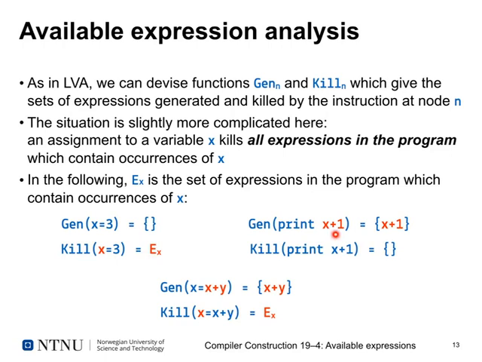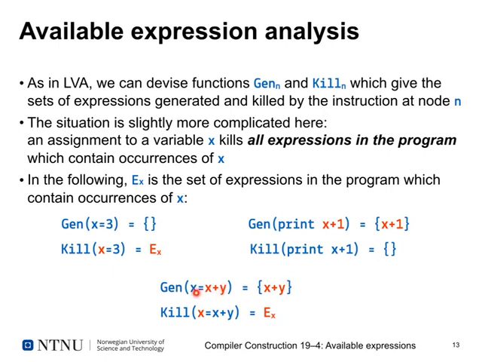If we look at print x plus 1, it generates the expression x plus 1 because we have to calculate it in order to print it. And we don't assign anything here, so we're not destroying any previous values, so the kill set is empty. And then we have something else, which is x equals x plus y. So this generates x plus y, obviously, because we are calculating it.